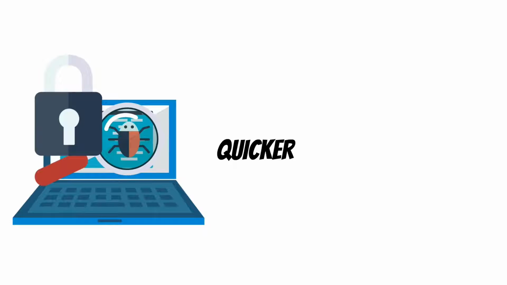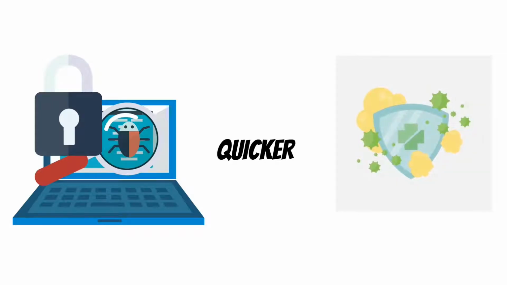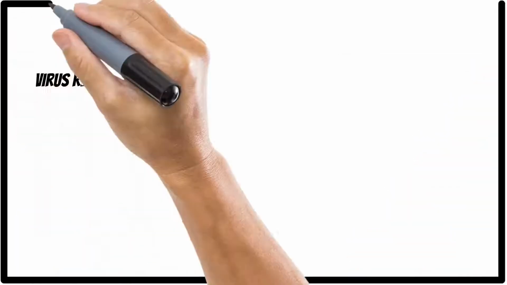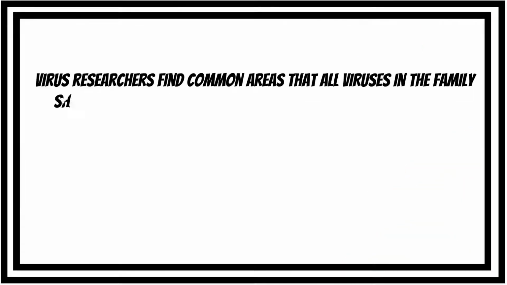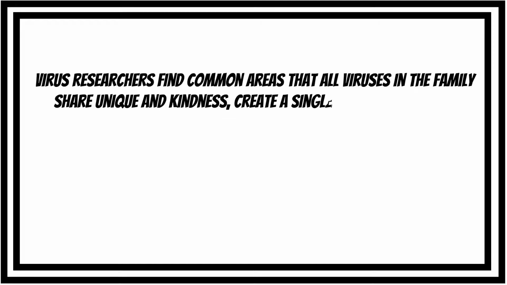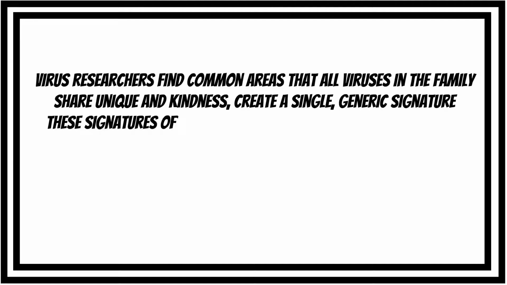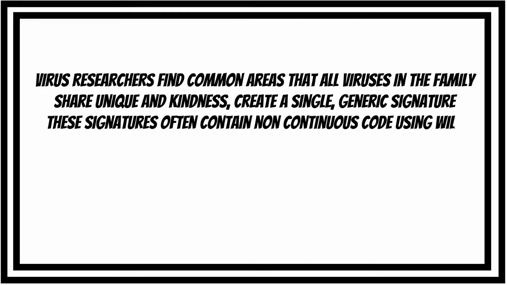While it may be advantageous to identify a specific virus, it can be quicker to detect a virus family through a generic signature or through an inexact match to an existing signature. Virus researchers find common areas that all viruses in a family share uniquely and can thus create a single generic signature.